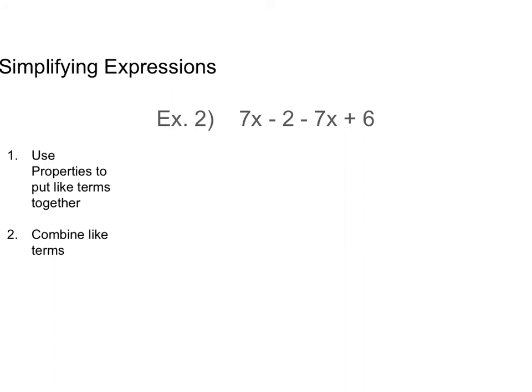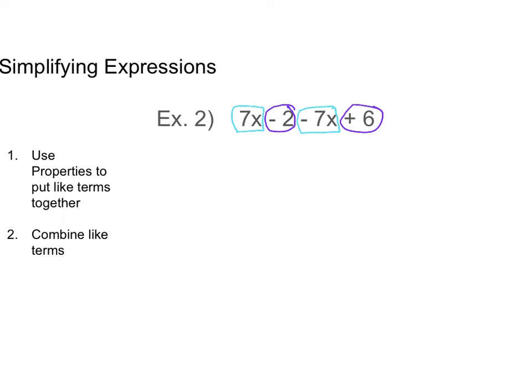Here's my last example that I want to show you. So let's go ahead and use the properties. I want to put my like terms together. So I see that I have a 7x and a minus 7x. And then I see that I have a negative 2 and a positive 6. And it looks like subtracting 2, which is true, but you have to keep those symbols that are in front of it together with that number.